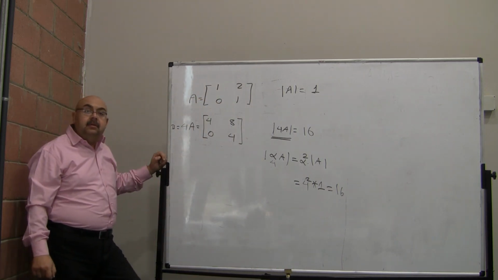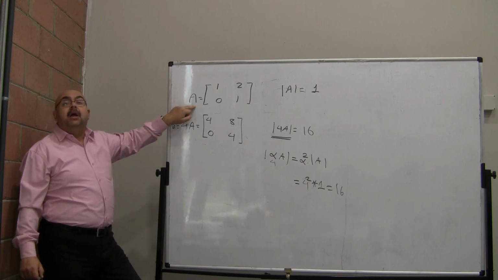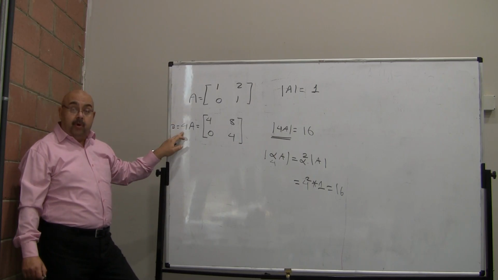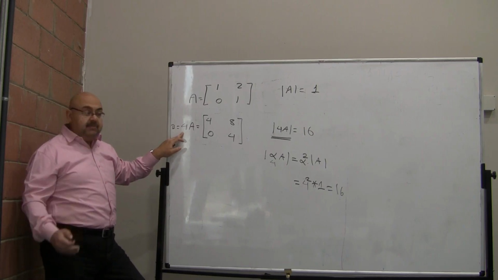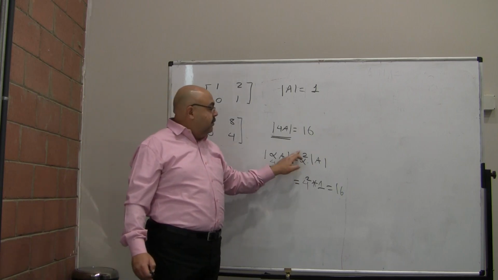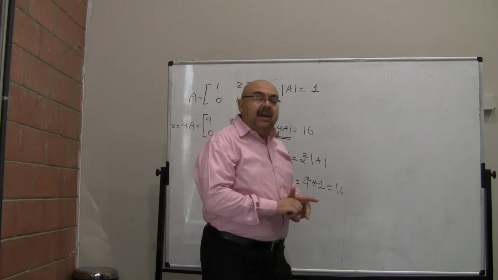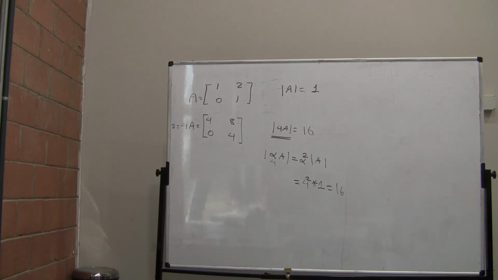Am I right? Right. If this is 3 by 3 and you multiply by 4, the value of the determinant after multiplication of this matrix will be 4 to the power of 3 times the value of the main matrix. It's actually the value that you multiplied in, to the power of the number of rows.